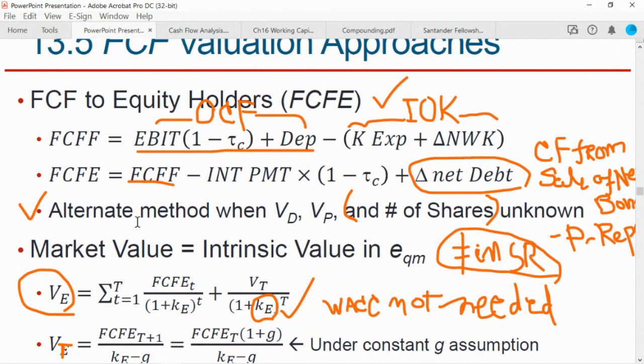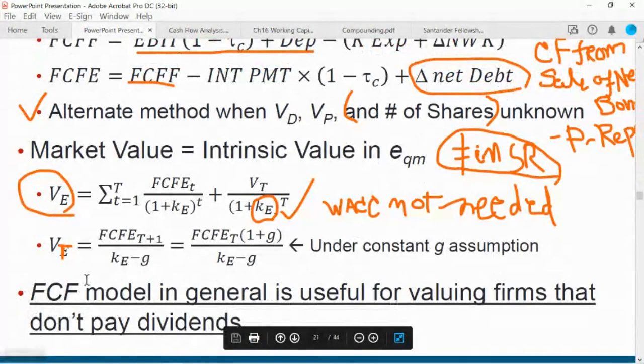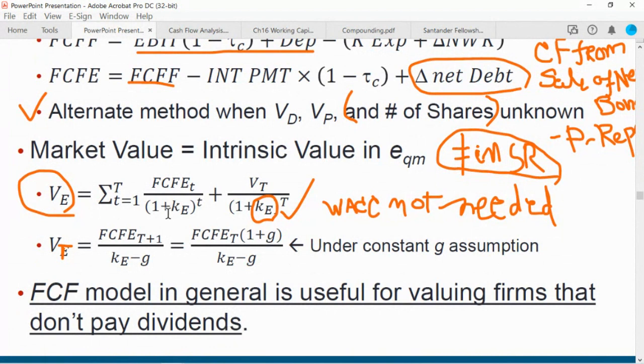So there can be an alternate method when the number of shares is unknown, right? Also when market value is equal to intrinsic value only in equilibrium, which doesn't happen in the short run, right? So in that case, if we use free cash flow to the equity holders, then we only need to discount it by cost of equity.